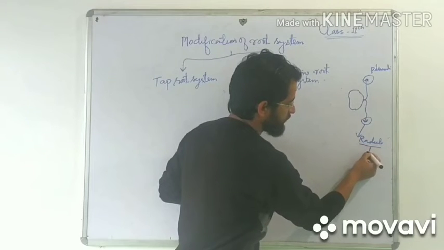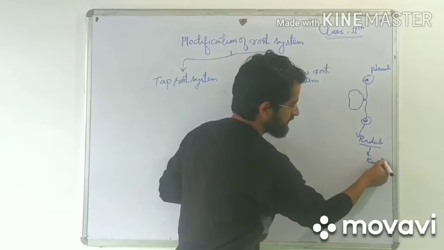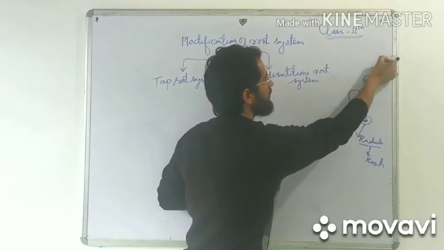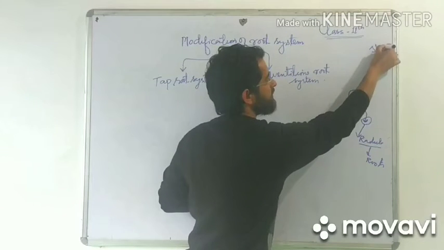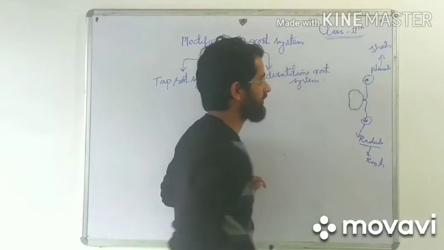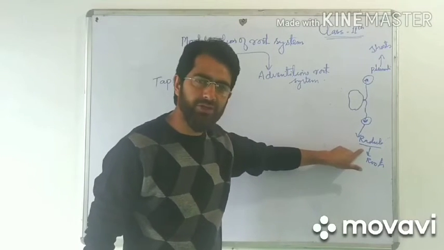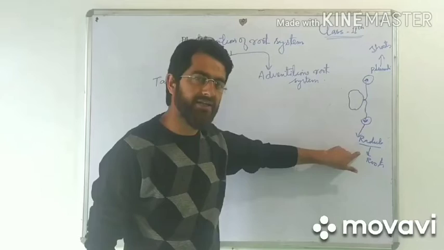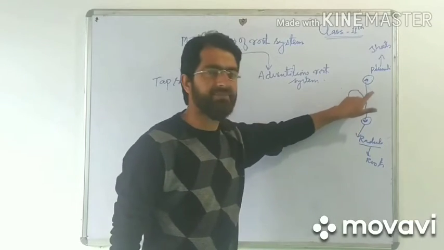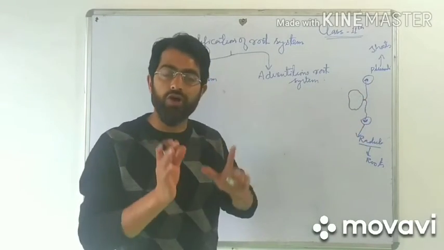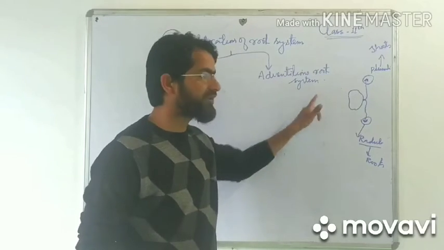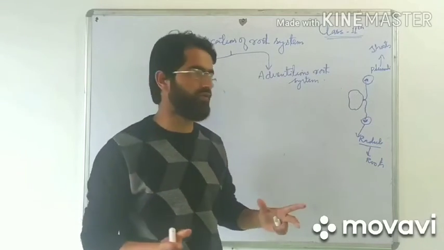From the radicle develop roots, from the plumule develop shoots. Sometimes, instead of the radicle, roots arise from any other part. We call them adventitious roots, or sometimes fibrous roots.